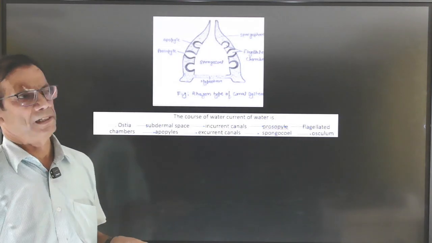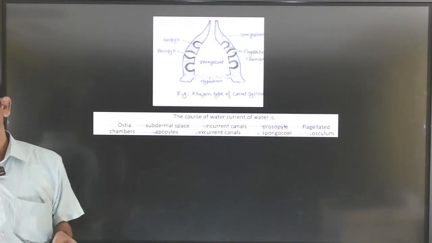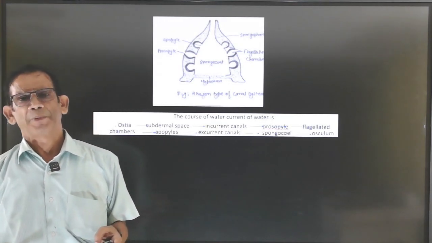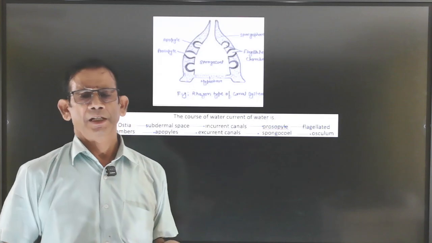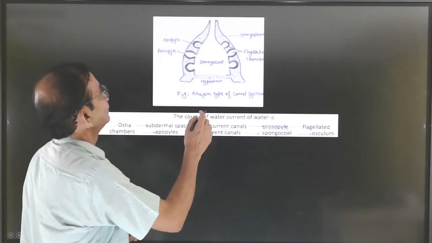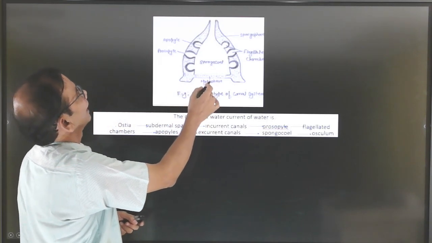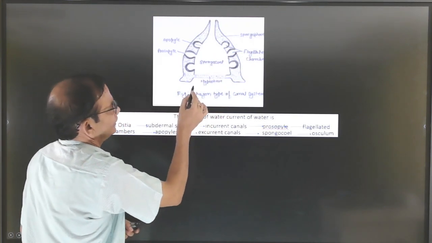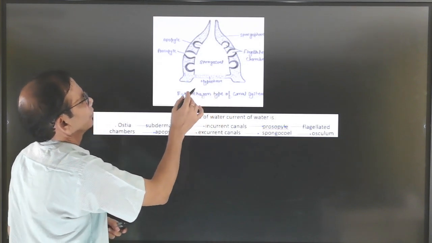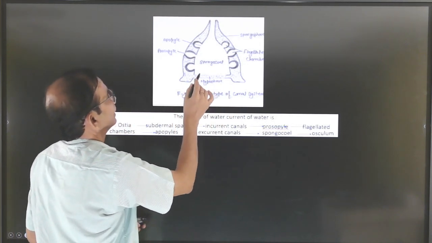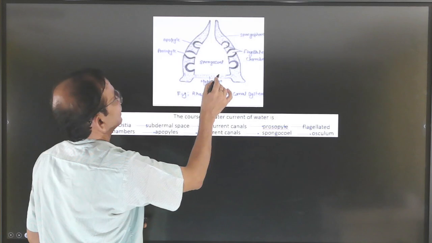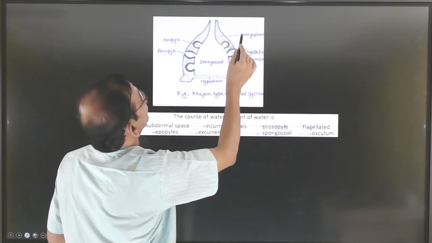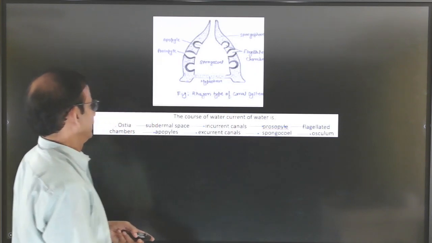Now the last one is called the rhagon type. Here it is completely separated from the others. This type of canal system is found only in the larval forms of sponges. Here, the basal portion is called the hyposphere and the upper portion is called the spongosphere. The hyposphere has no flagellated area, but the spongosphere has the flagellated area.